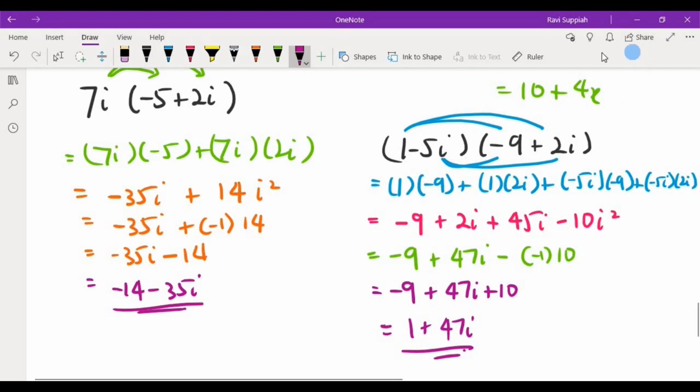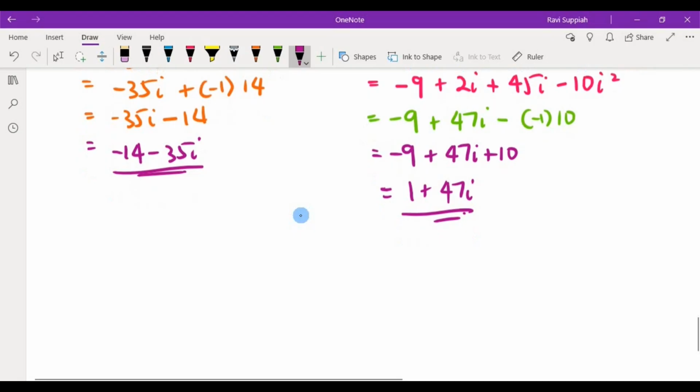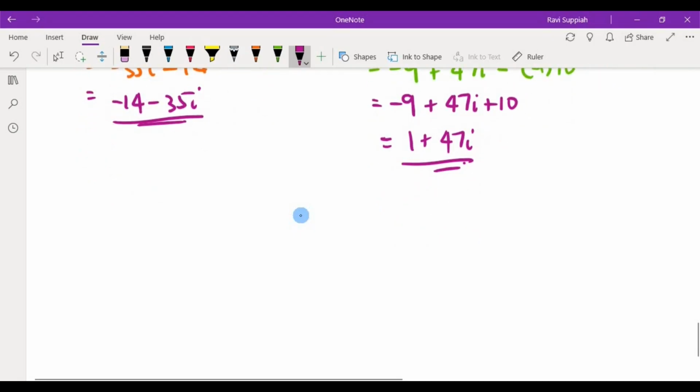Okay, now let's go on to another question. 4 plus i multiplied into 2 plus 3i. Okay, let's do the expansion. 4 into 2. So now I'm not going to write all the brackets.